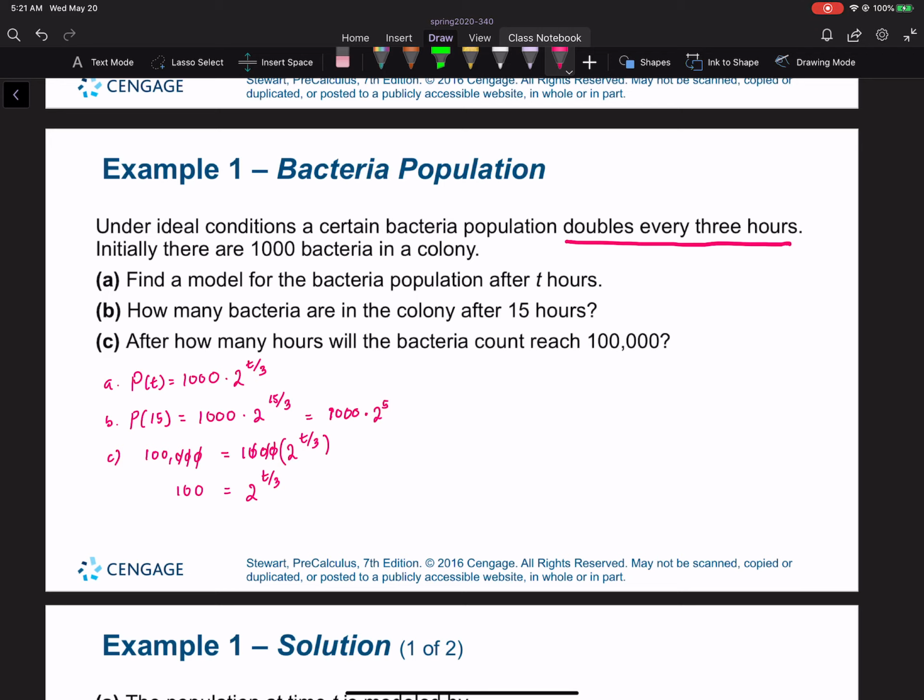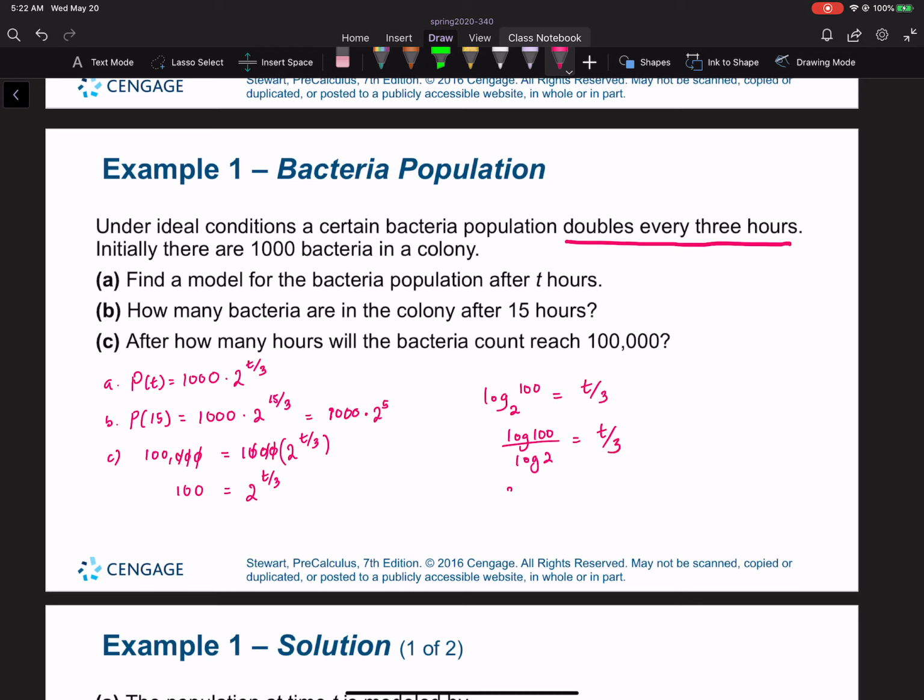So in my mind, I'm going, well, what notation allows me to work with variables that are powers? Well, logarithms. So I got to switch this to a logarithm. So this is going to be log base 2 of 100 is equal to t over 3. And so I can write this, if I do a change of base, I'm going to get log 100 divided by log 2 is equal to t over 3.